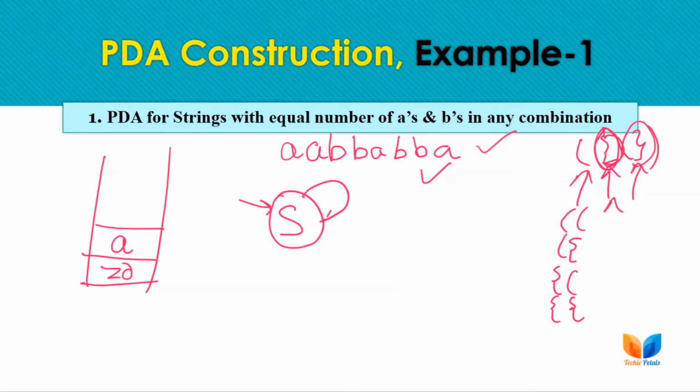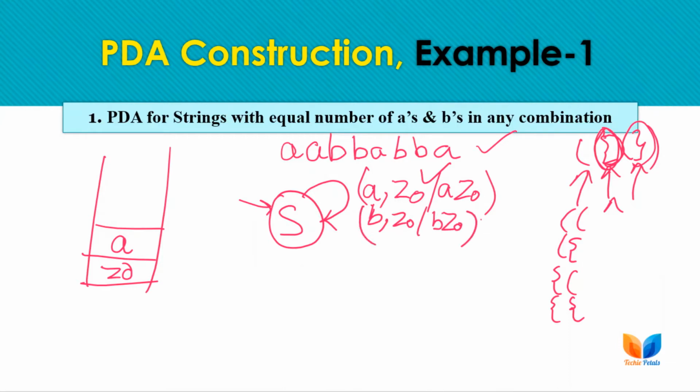So for the first symbol we have no other symbol to match with, so if the first symbol is A, the stack top must be Z0, just replace it with A Z0, means we have pushed A onto the stack. Same way, if the first symbol is B, for any string, then we need to push the B onto the stack. So for that we will be having this transition, replace it with B Z0, and this will push B onto the stack if B is the first symbol, right?